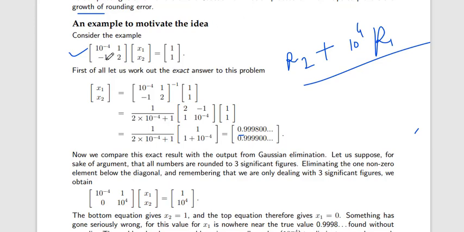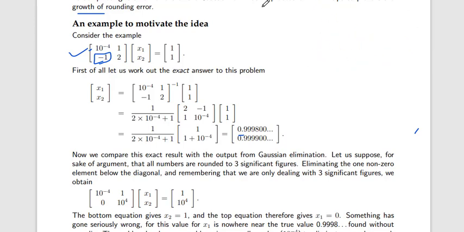So we multiply the first row by 10 raised to 4 and add it to the second row, so we get 0 as the answer. Now what do we get here, R2 plus 10 raised to 4 R1.